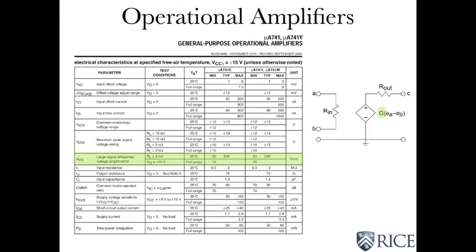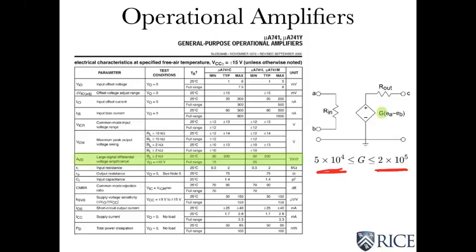Okay. Now here comes the goodie. The large signal differential voltage amplification constant, that's G. The typical value is 200, but look at the units, volts per millivolt. So what this is saying is that it's 200 times 10 to the 3, typically, which means that the gain can be about 2 times 10 to the 5th, 200,000, but it could be as small as 50,000.